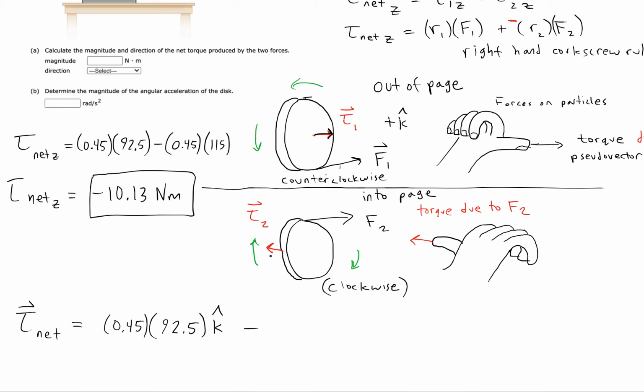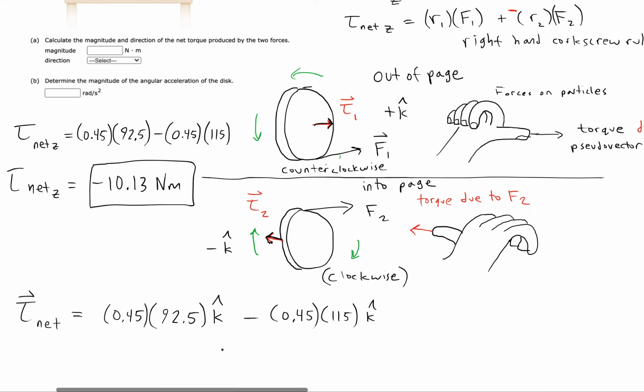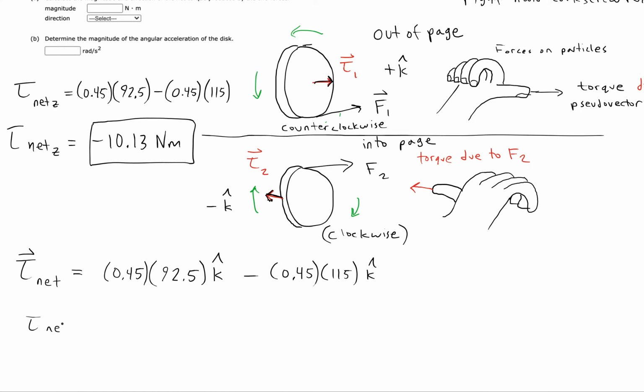Whereas the F2 torque ended up pointing into the page, and that's going to be the negative k hat direction. So you can just assign those unit vectors to show the direction. So that's what it means if you see that. So negative 10.13 Newton meters k hat.